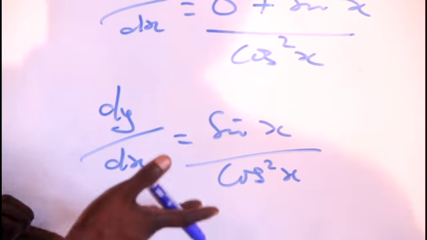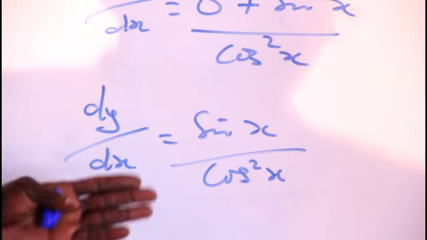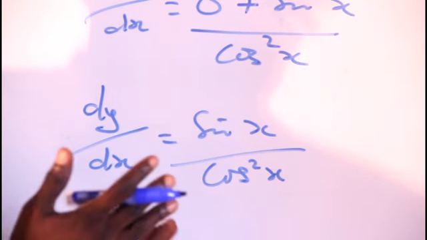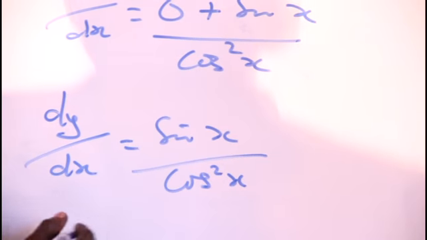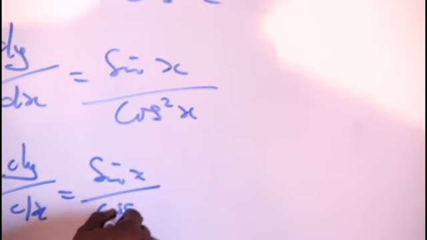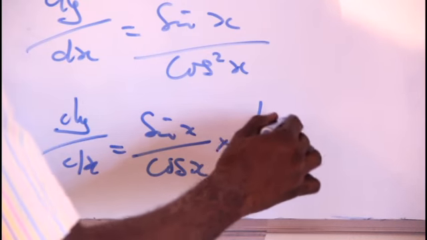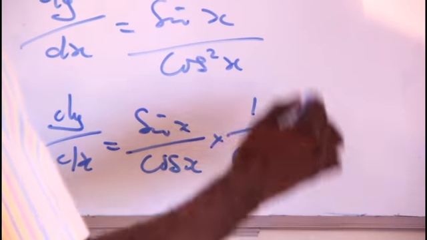Now, this is our derivative, but we want to make it a bit simpler. We know that dy over dx is sine x over cos x times 1 over cos x.